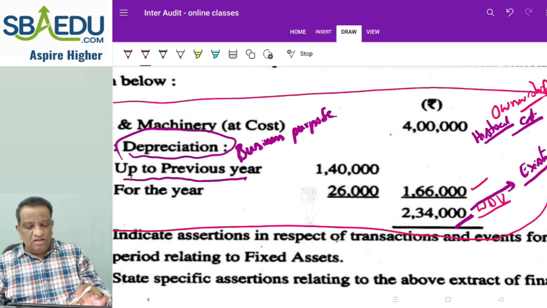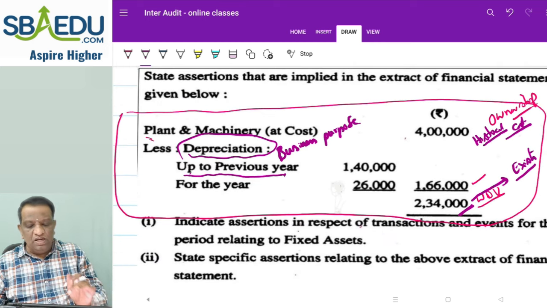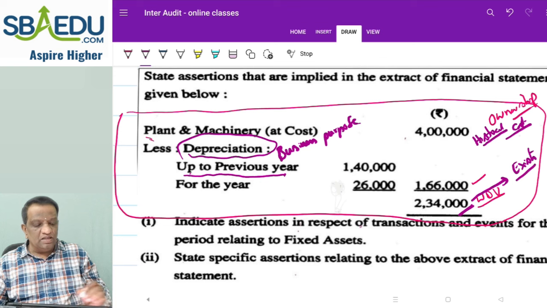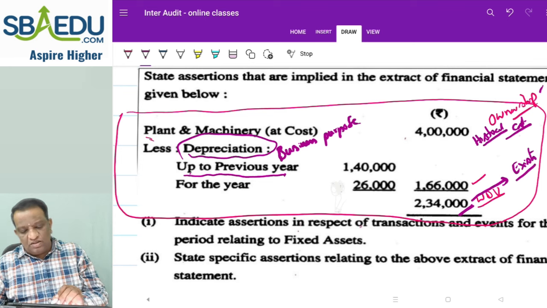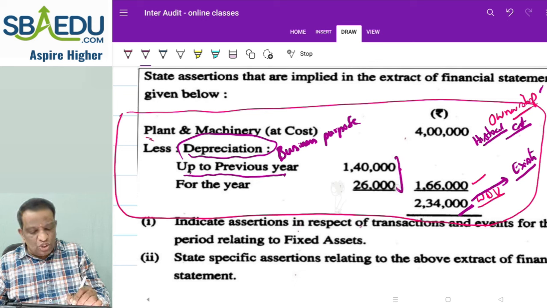So if you analyze, by just giving this simple table, the management is trying to tell that they own the asset, the historical cost of the asset is 4 lakh rupees, the asset still exists as at the balance sheet date, and the asset is used for business purposes. Apart from that, the management is also trying to confirm the valuation in terms of depreciation.